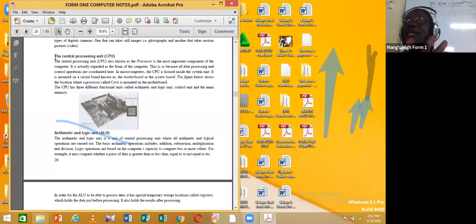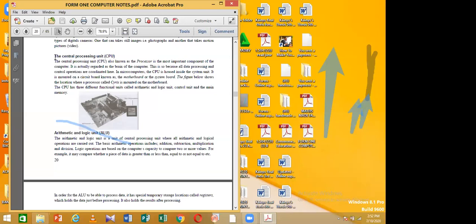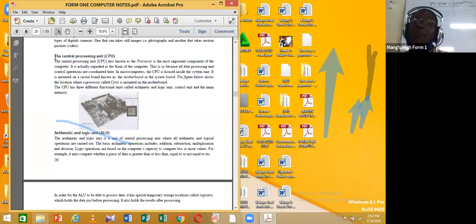Those are the 5 categories, and they are determined by the way they capture the type of data they capture into the computer system.